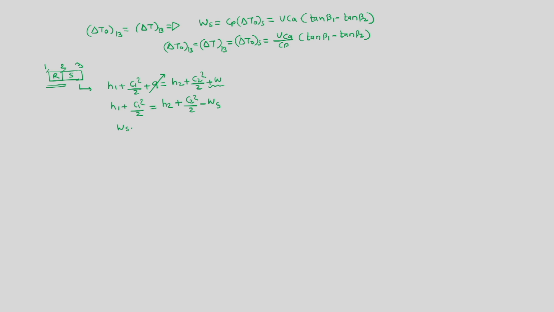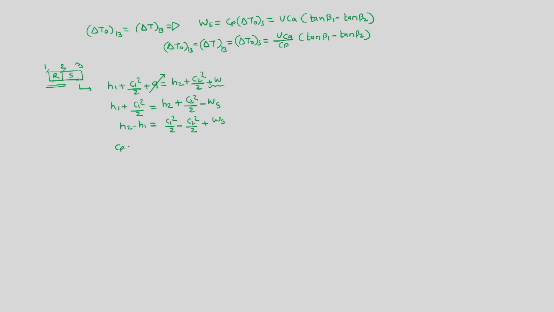So we would have H2 minus H1 is equal to C1 square by 2 minus C2 square by 2 plus W stage.